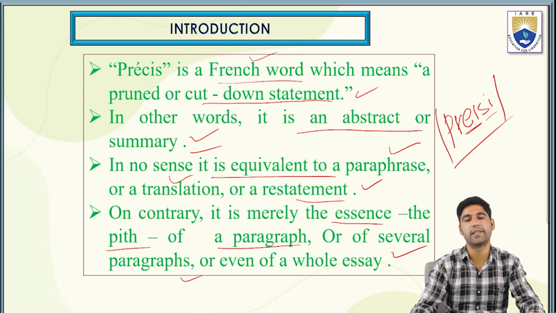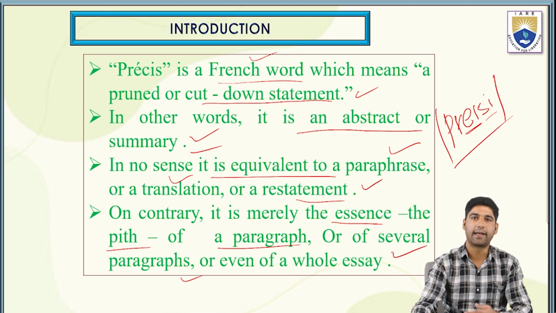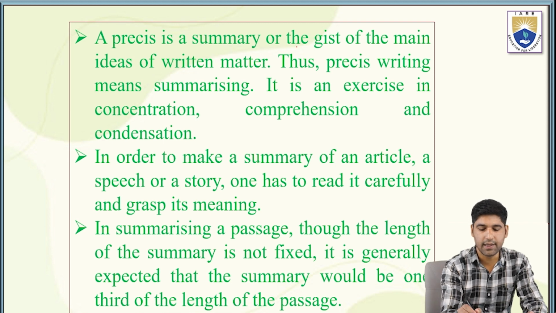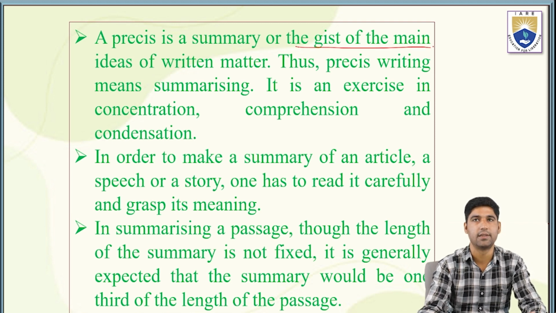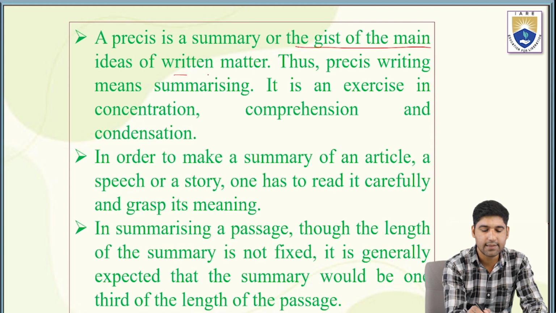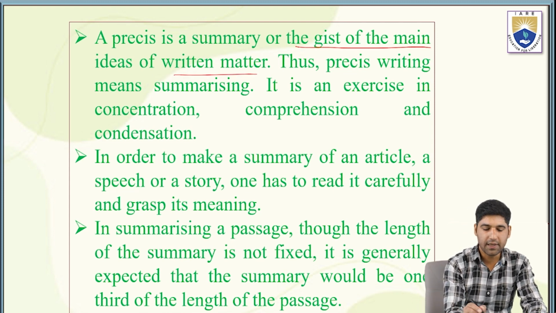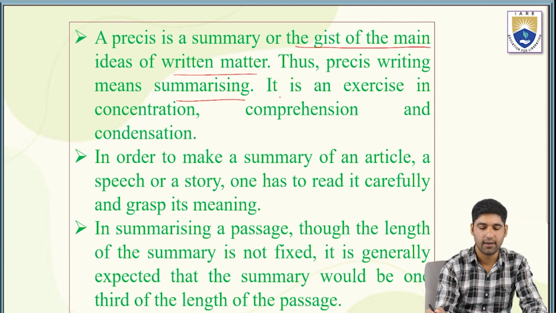That's not the case with Precis writing. It can be a number of paragraphs. It can be a whole chapter. It can be a whole story extending up to many pages. A Precis is a summary, or as I said, the gist of the main ideas of written matter. Thus, Precis writing means summarizing.